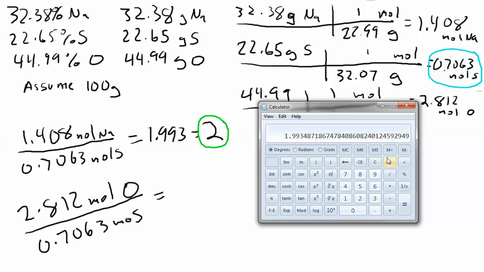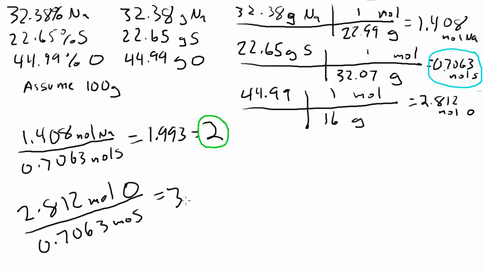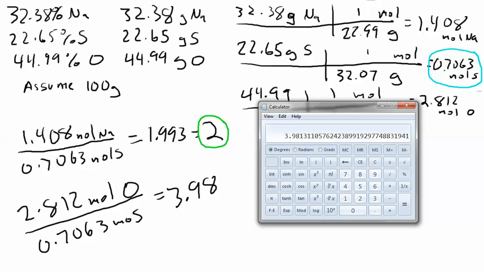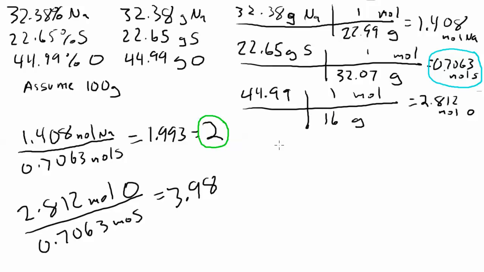So again, if you've got good mental math skills, you might already be ahead of me here, but let me just go ahead and do it on the calculator. 2.812 divided by 0.7063, and we get 3.98. Oops, lost my calculator. Let me pull that back up. Let me get that fourth digit. 3.981. And again, that's not a whole number, but it's very close to a whole number, and that's the whole number we're going to use, and that's 4.